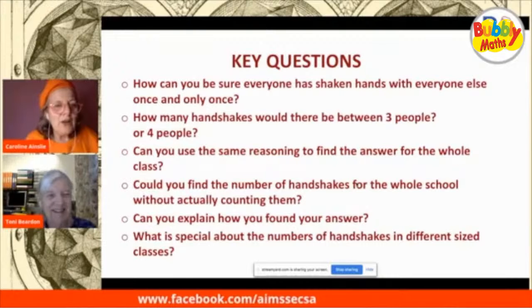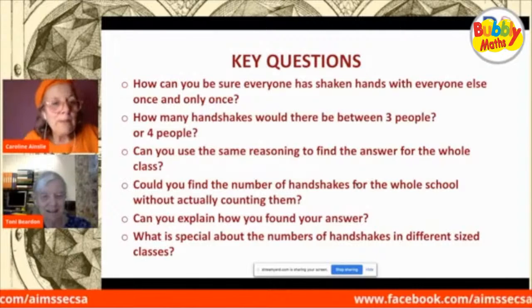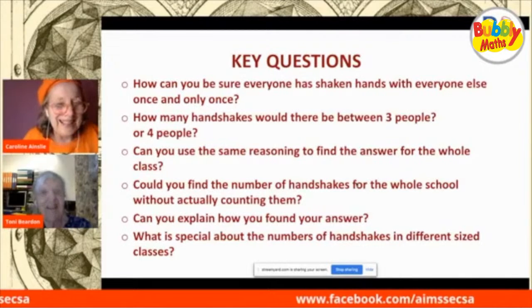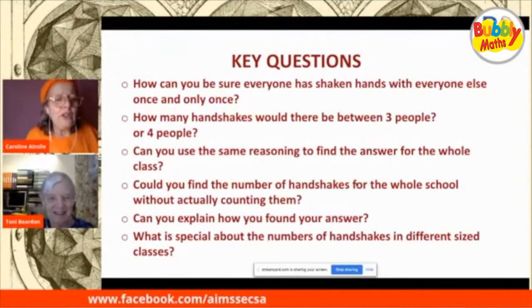Now, what we said earlier was that if you're going to solve any sort of problem that seems quite difficult to you, then it's a good idea to start with small numbers or simple cases. And if you can solve it for the simple case, then you've got a useful way of thinking that might work for the big case, the big hard problem. So the next key question is, how many handshakes would there be for 3 people?